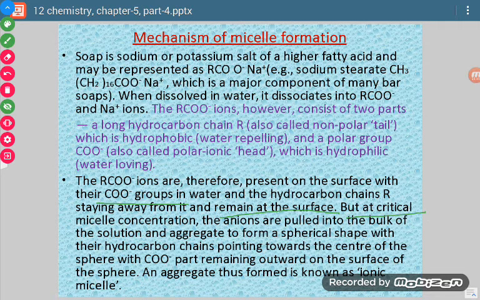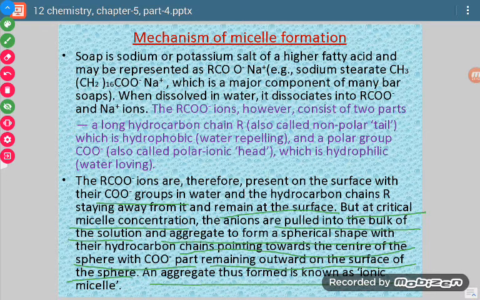But at critical micelle concentration, the anions are pulled into the bulk of the solution and aggregate to form a spherical shape, with their hydrocarbon chains pointing towards the center of the sphere and the COO negative part remaining outward on the surface of the sphere.